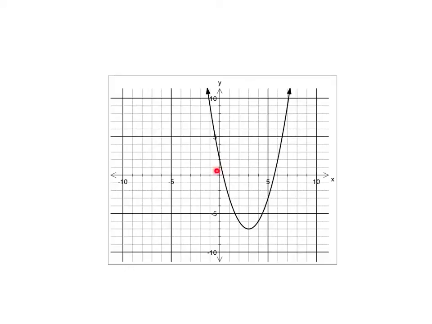So if we look right here, this is an x-intercept, because it crosses the x-axis. See, this is the x-axis right here. And this is another x-intercept. This is also where the graph crosses the x-axis. So if we look at the values of our x-intercepts, we can approximately see that this one is around 0.4 probably.